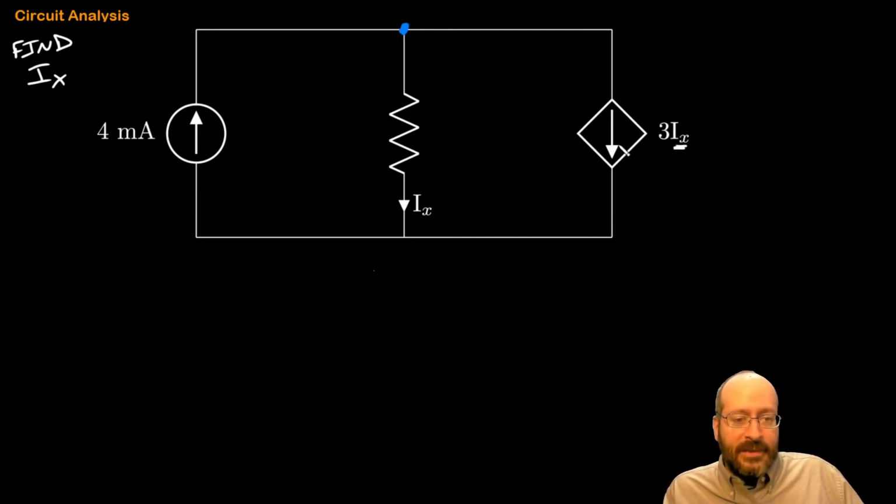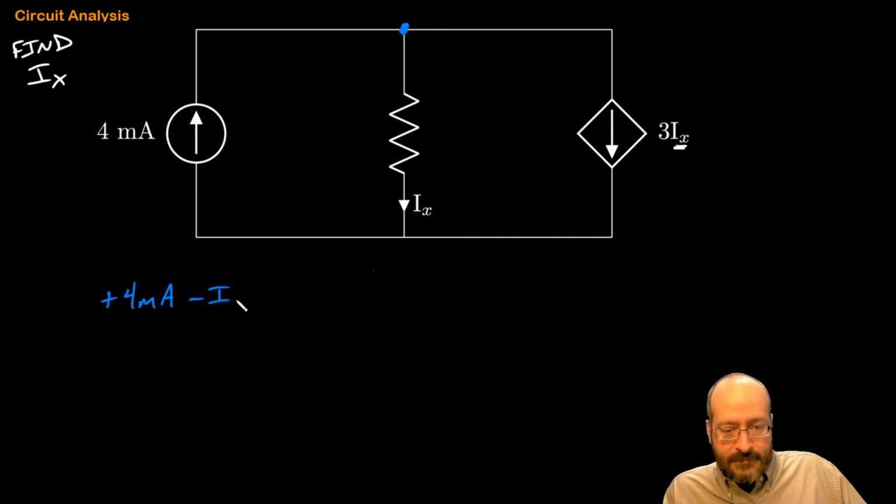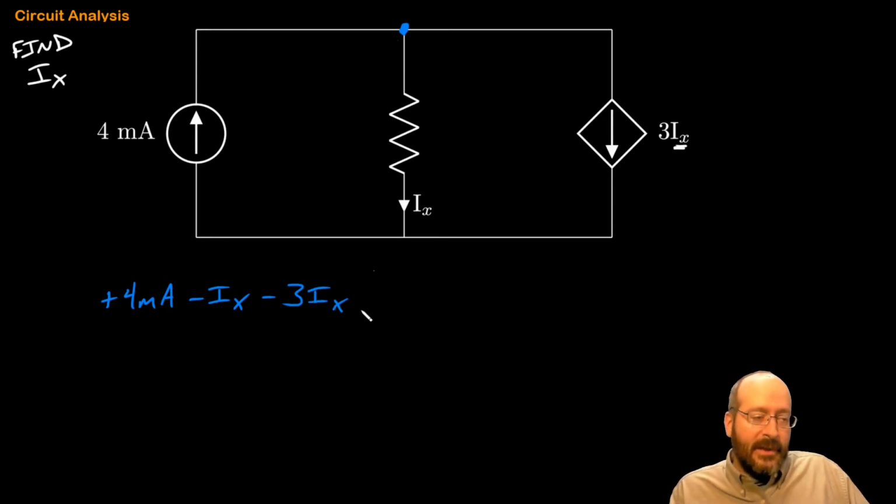It has 3 components connected to it, and 4 mA is going in. IX is leaving through there, and then over here I've also got 3 times IX leaving because of that dependent current supply. Those are all 3 components connected to the node, so that's equal to 0.